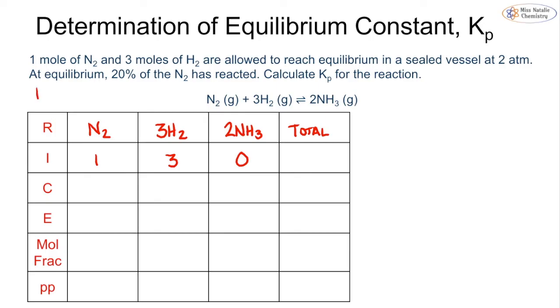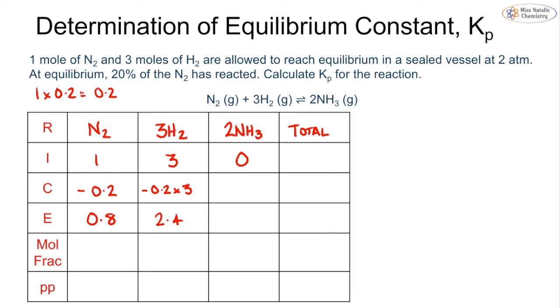So if I take my 1 and I do my 0.2 or my 20%, that gives me a value of 0.2. So my change is to come down by 0.2, so my equilibrium moles for nitrogen is 0.8. For my hydrogen, that is going to come down by 0.2 times 3, because remember there is that coefficient of 3, which would bring my equilibrium moles to 2.4.